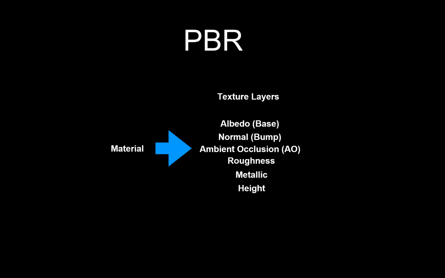Unreal Engine doesn't support height maps very well, but there are exceptions to the rule, especially when making ground textures or things for architecture like brick walls. Height maps can be useful, but in general, we will focus on metallic, roughness, ambient occlusion, normal, and albedo.